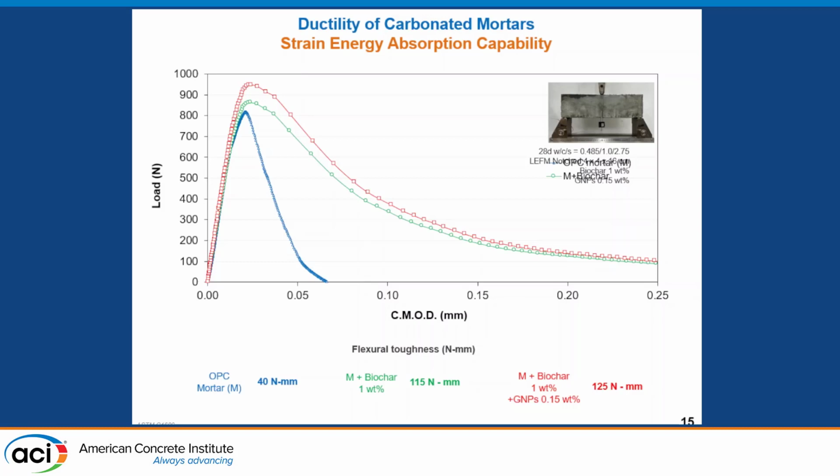So this is very encouraging because carbonation usually leads to a more brittle material, right? But this time, with a combination of nanomaterials and the biochar, we were able to increase the toughness, yet not change the brittleness of the material.